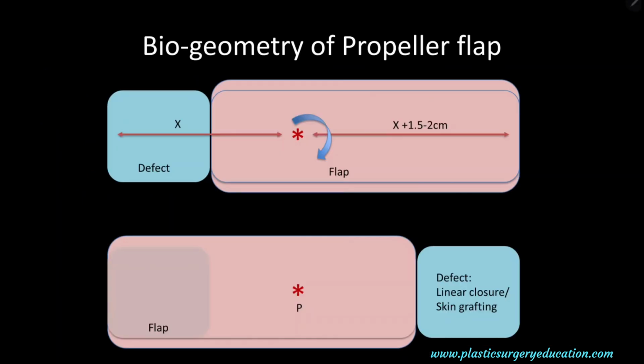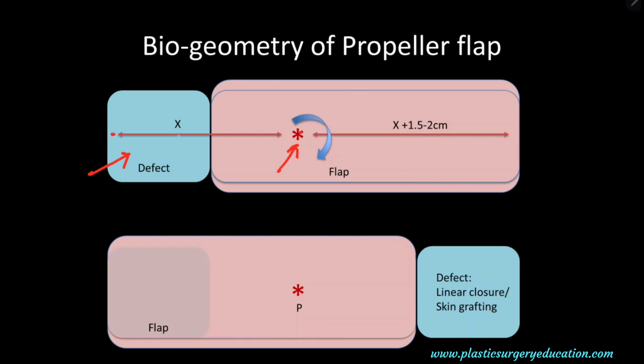Now coming to biogeometry of propeller flaps and movement of propeller flaps. This is the defect, the width of the defect. We have a perforator over here, perforator P, which is marked. We measure the distance from the perforator to the distal edge of the defect.